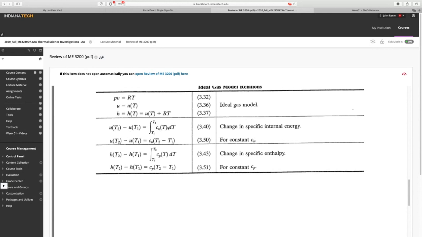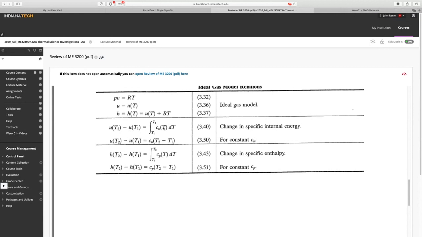And so if we knew this relationship, we can then perform the integration from temperature 1 to temperature 2 and get the change in the internal energy. If we assume that the temperature doesn't change too drastically, or that CV is not a very strong function of temperature, we can say that it's a constant.